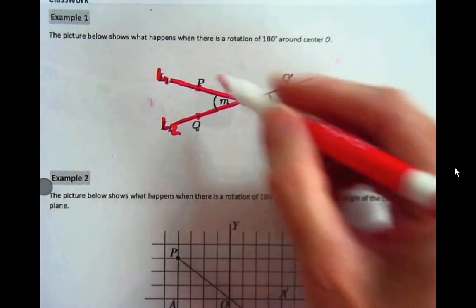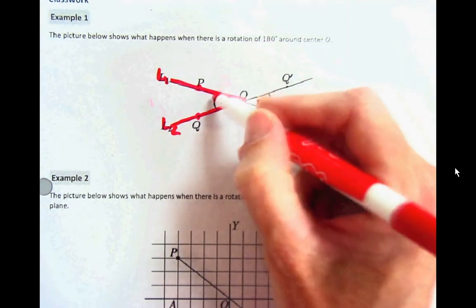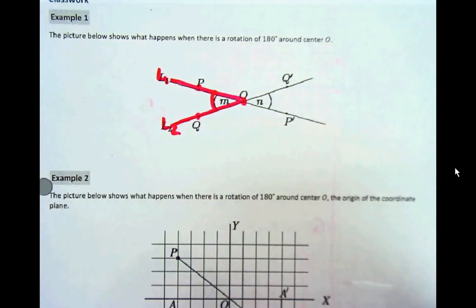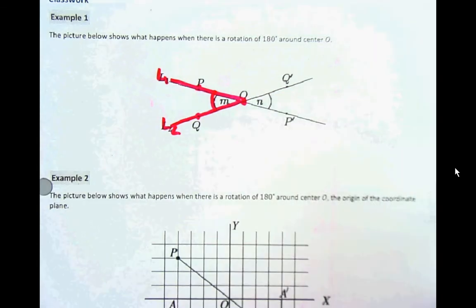Then, because we have two lines, we have an angle here, which we're going to call M.